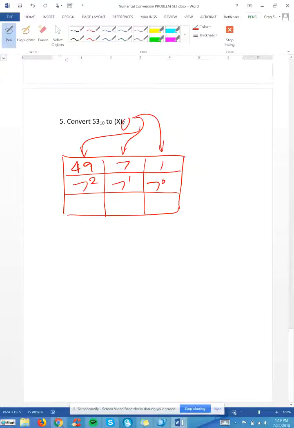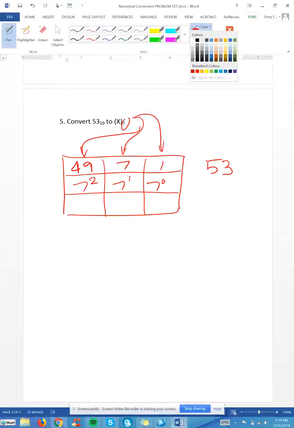Now we start our process of successive subtraction. We put the original value here, and I'm going to go to blue. The first thing that I want to do is find out how many 49s I can subtract from the 53. You'll notice, let me take a look at something for a moment.